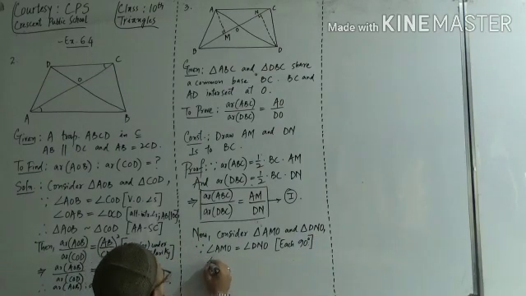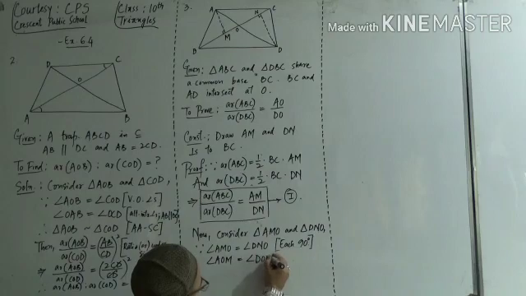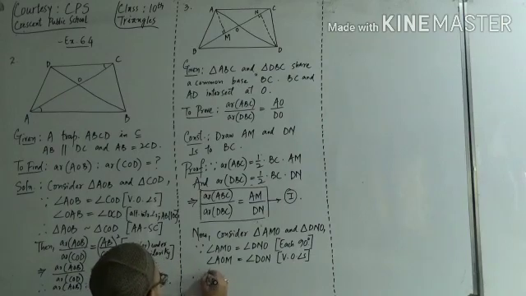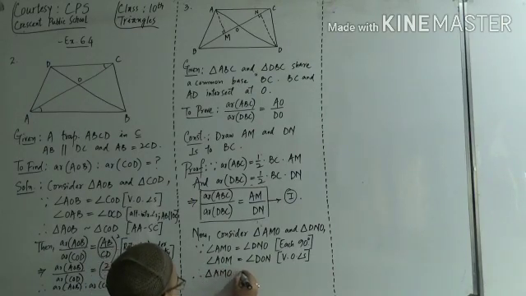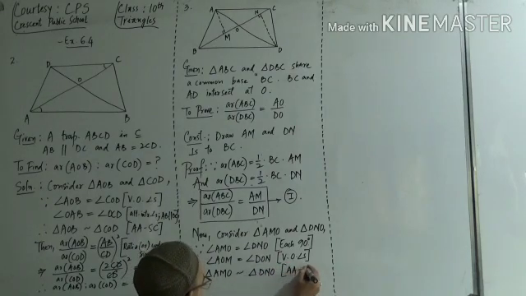Also we have angle AOM is equal to angle DON, vertically opposite angles. Therefore I can say triangle AMO is similar to triangle DNO by angle similarity criterion.